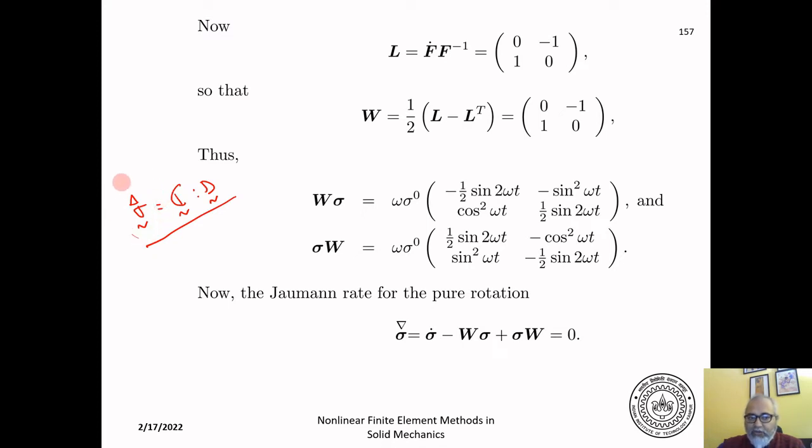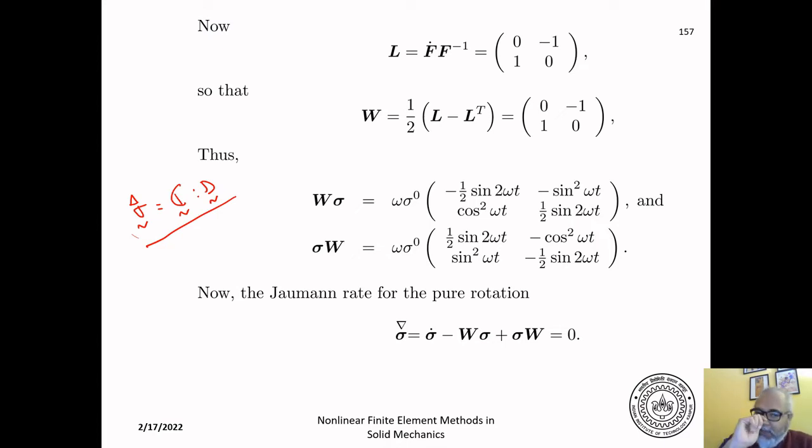The Jaumann rate will identically be 0, which means that your rate of stretch will be 0, which is the physical situation that we are trying to model. This underlines why it's important to use proper objective rates of the Cauchy stress in your constitutive equations.